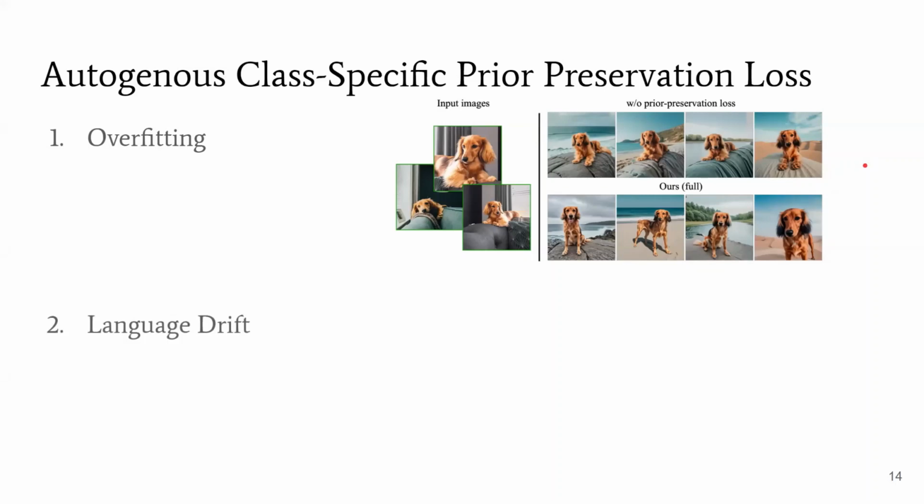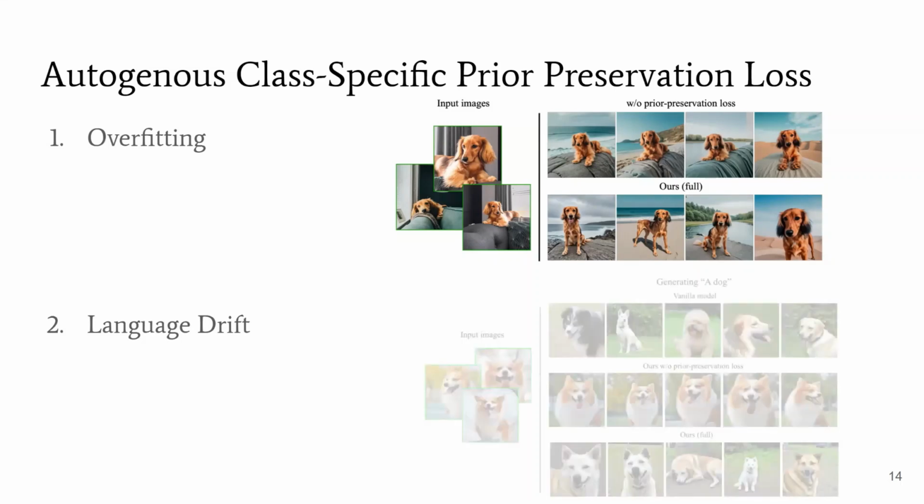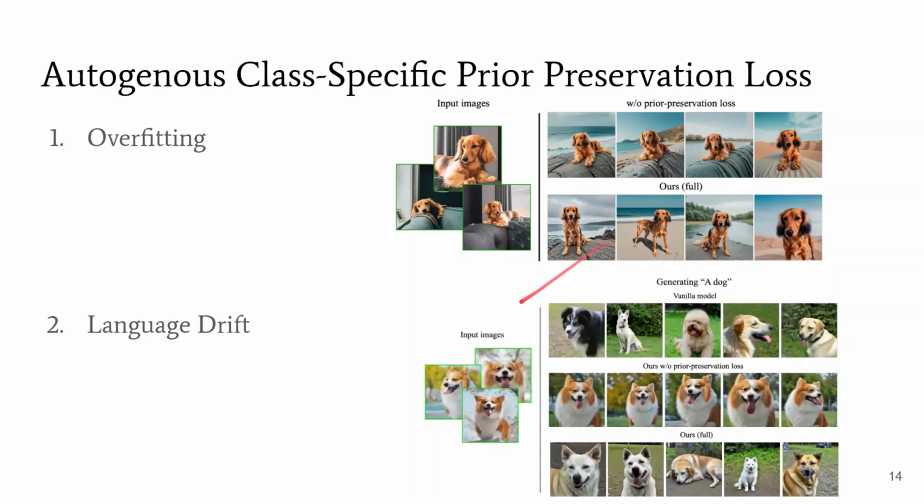The second hurdle is language drift. And this kind of comes from natural language processing, where when you fine-tune a model, it loses the prior information it had already learned. So in the case of image generation, we can see if you take any vanilla model, let's again think of Imagen because this is the model they're using here, and we prompt Imagen to generate a dog.